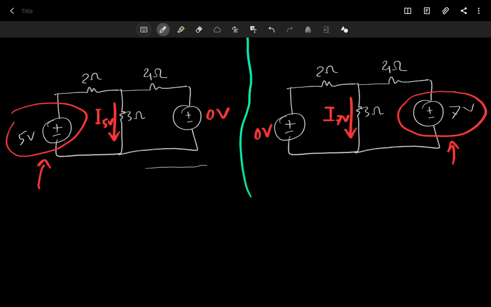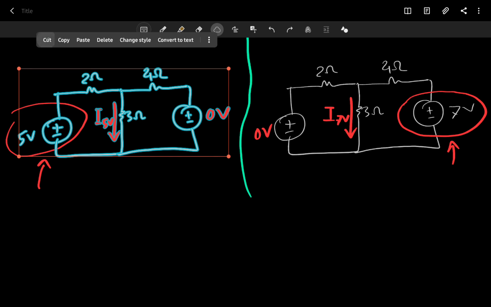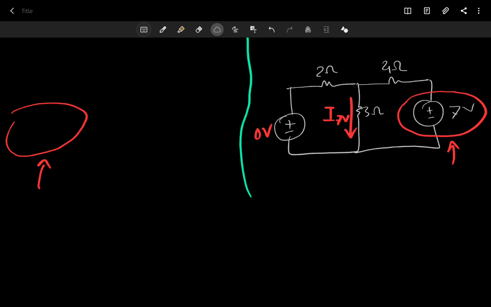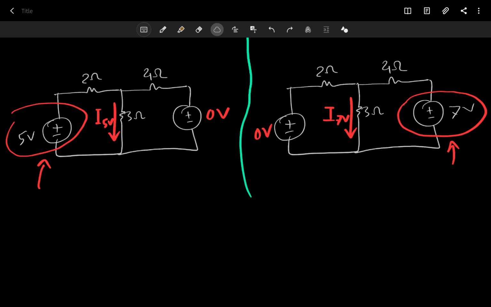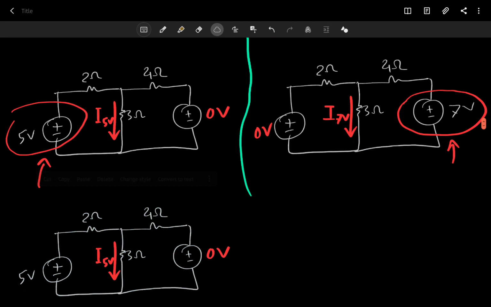For example, now you have this, and the thing is, if you remember from the equivalent circuit video, this 0-volt voltage source is just equivalent to a short piece of wire, right? Okay, just a piece of wire.